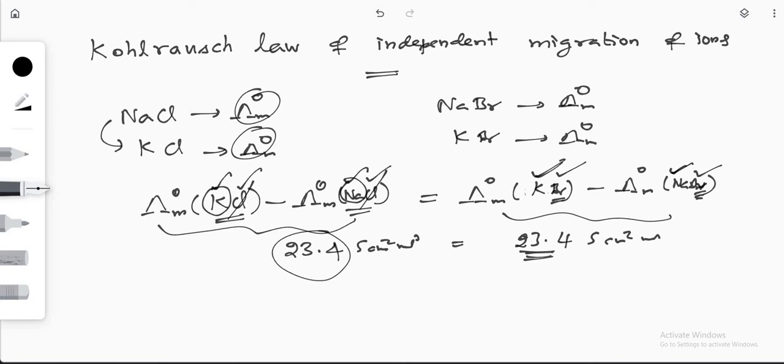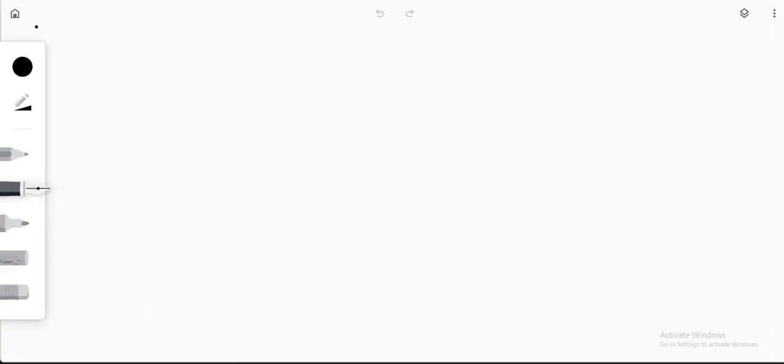Correct. So each and every ion, potassium ion, sodium ion, shows a definite value of conductance at infinite dilution. This is what Kohlrausch said. So what is Kohlrausch law? Let me write here: Kohlrausch law of independent migration of ions. What is meant by that?